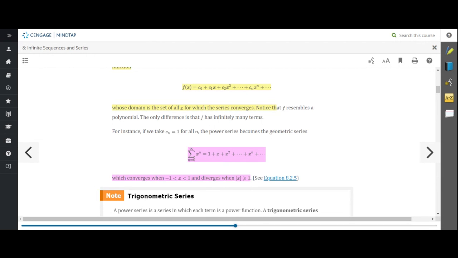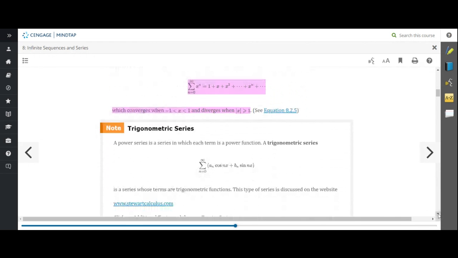This is what we're going to be working with here. These power series come up a lot. There's a series called a trigonometric series that you'll see in some applications in some of your other courses.